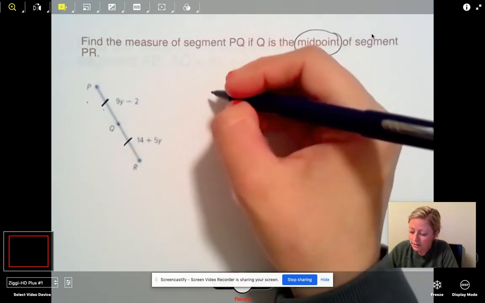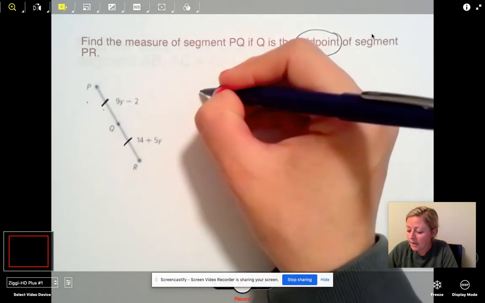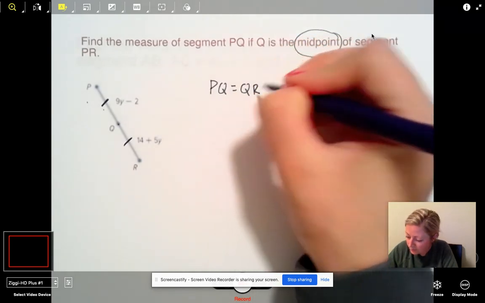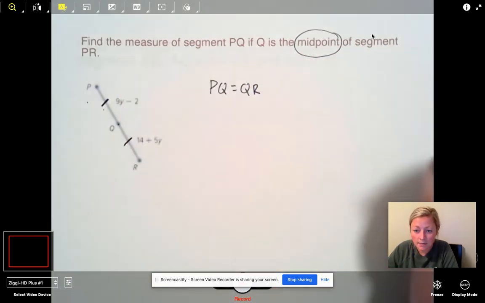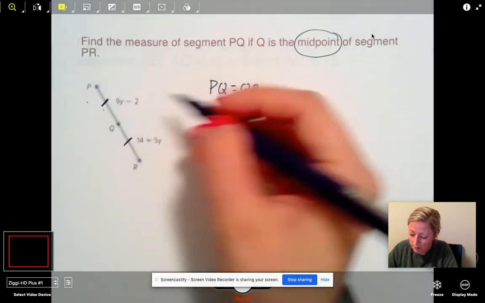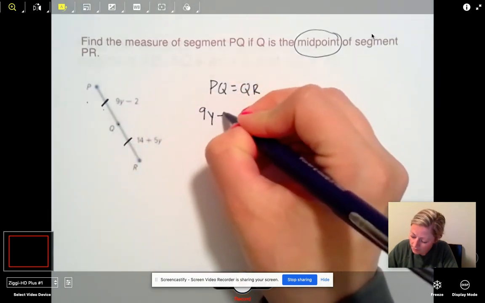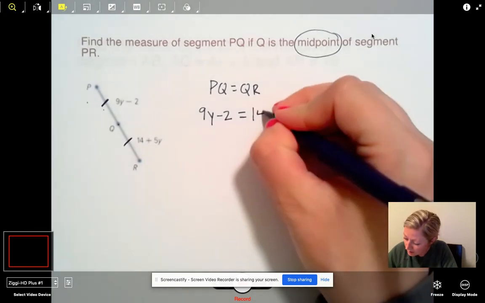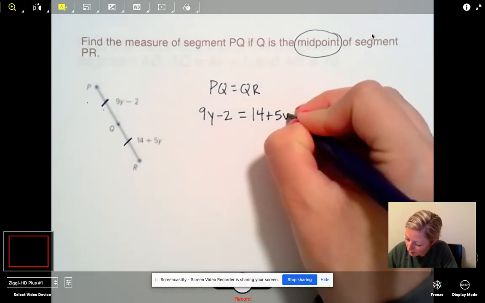So let's look here, folks. I can set PQ equal to QR because these two things have to be the same. And now we can plug in. What is PQ? Well, PQ is 9y minus 2, and QR is 14 plus 5y.